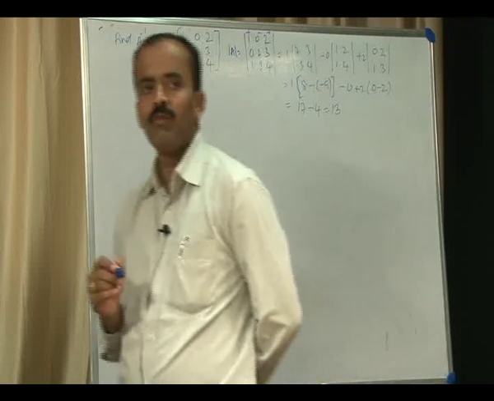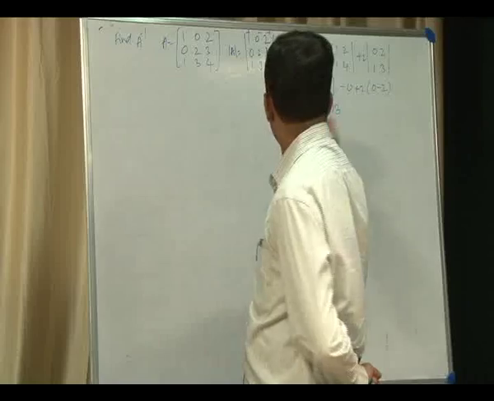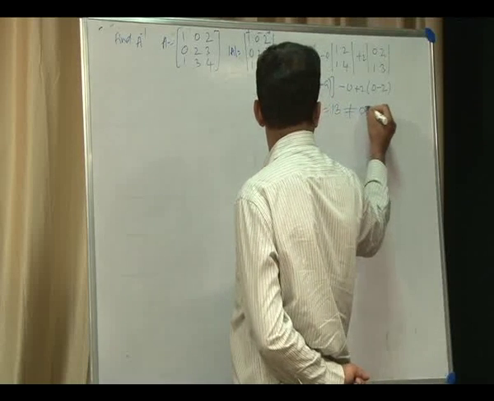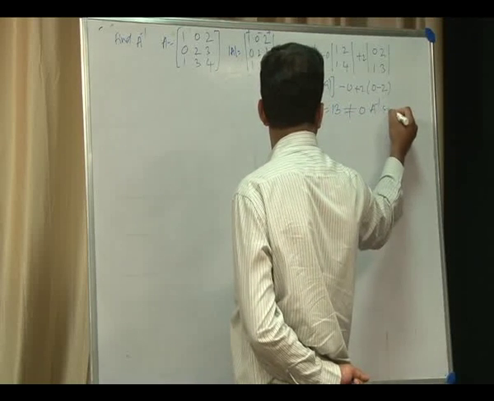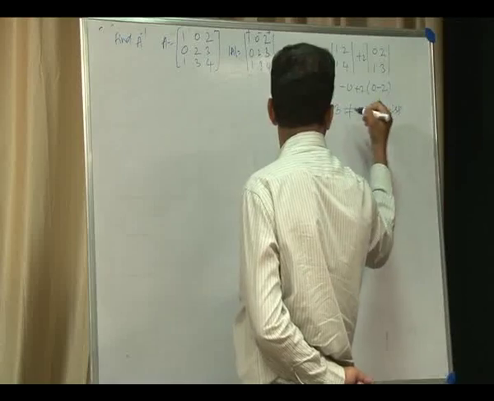So, 13 is the value of the determinant that is not equal to 0, therefore A inverse exists.